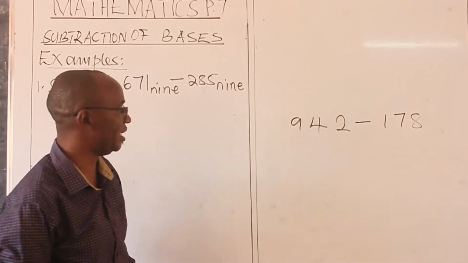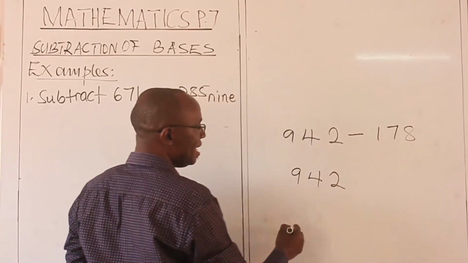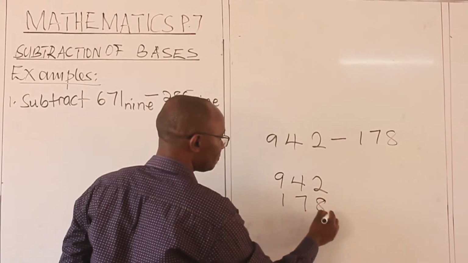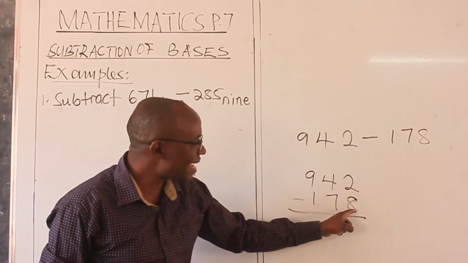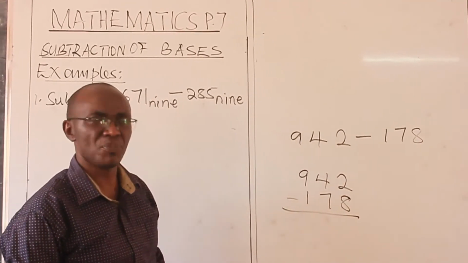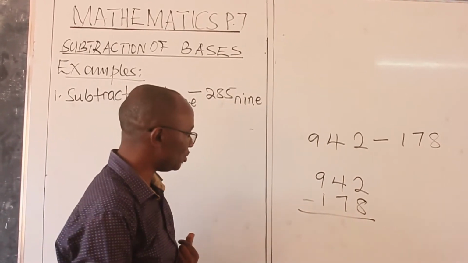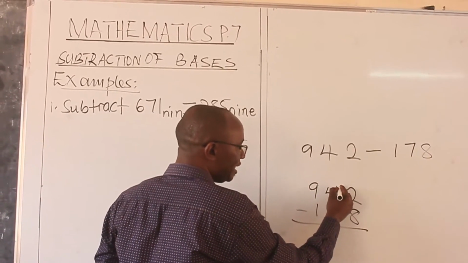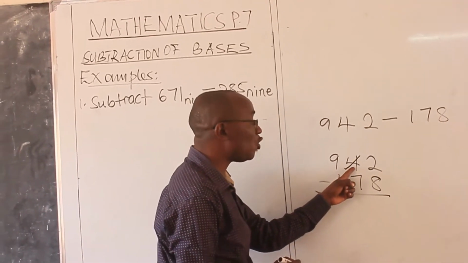Now let us first look here. This is your first arrangement, 942 minus 178. We are going to subtract. 2 minus 8 is impossible because 2 is less than 8. So we move to the next place value of tens, and we borrow. We have 4 tens.